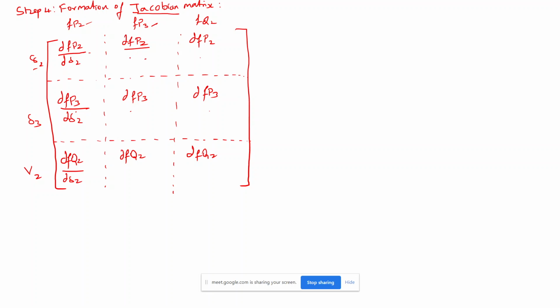Students, please tell me what is in the denominator of this. Sorry, this is the J matrix. So for J12, what will be the denominator? Tell me, fast.